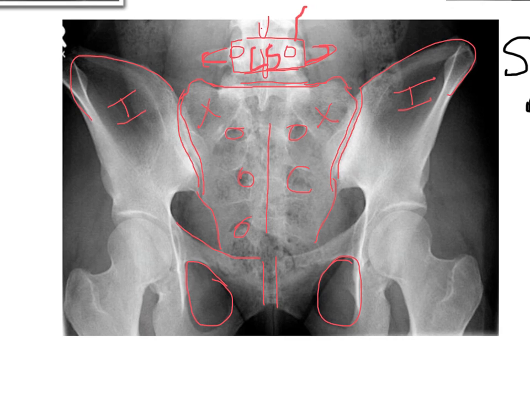This bone up this way is the pubis, and the bone coming down this way is our ischium. We do not see the ischial spine in this because the pelvic brim is foreshortened. We have femoral heads, femoral neck, greater trochanter, sitting within the acetabulum.